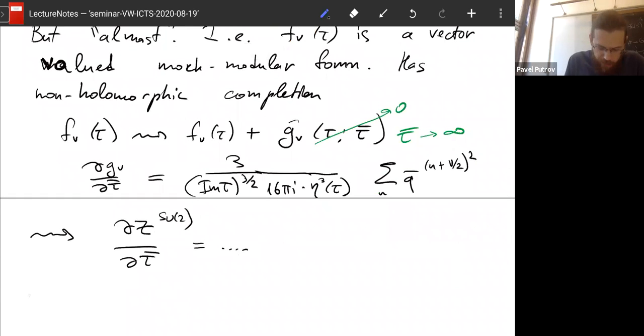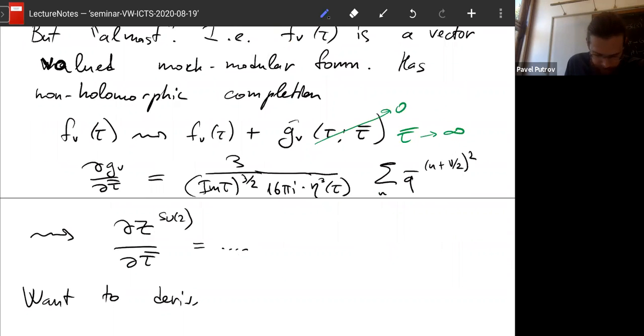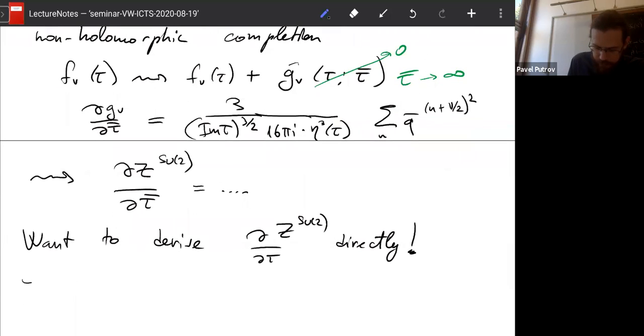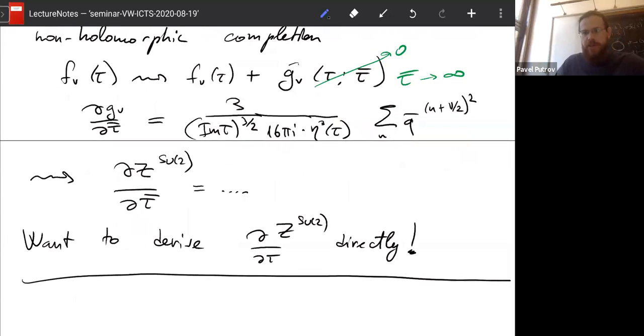But what we want to do, and this is part of the motivation, is to derive this right-hand side of the anti-holomorphic derivative more directly. So we want to derive it.